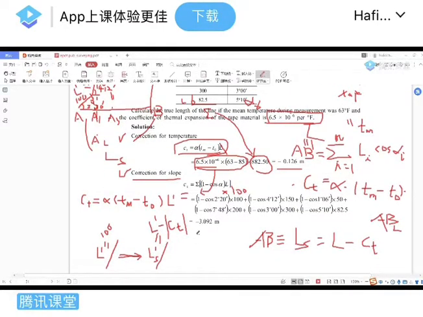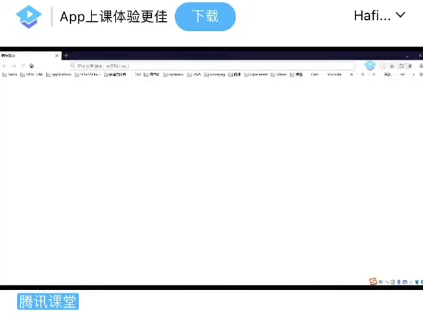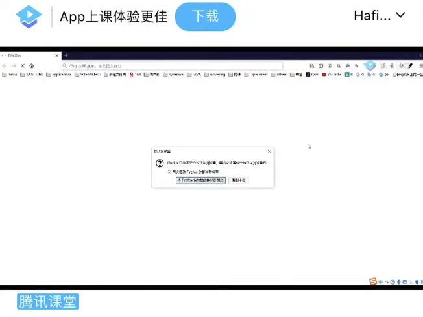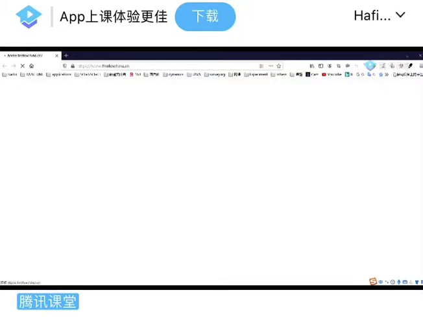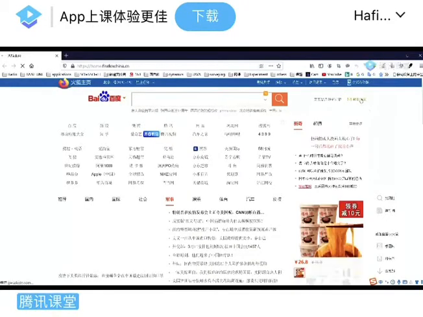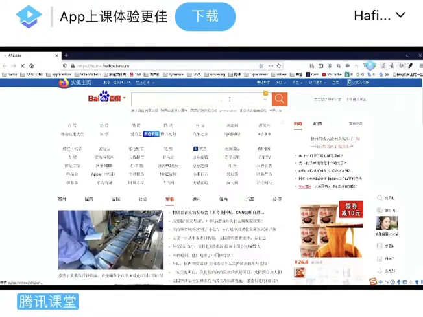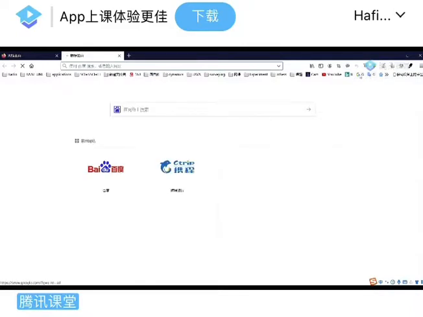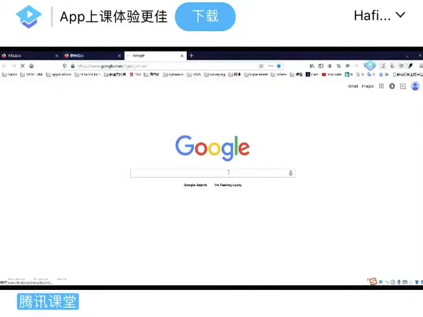Let me use the calculator to be faster. Maybe I can calculate this bit as well. There are some online calculators. I used to have one here, but I think it's gone now, so let me get a new one.